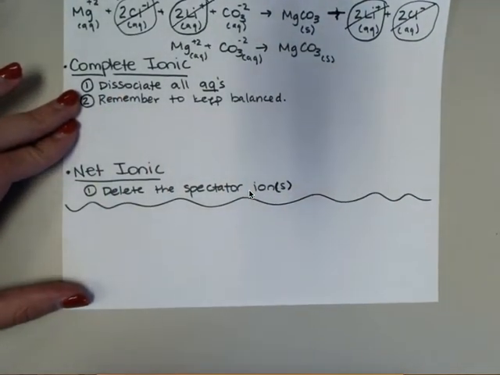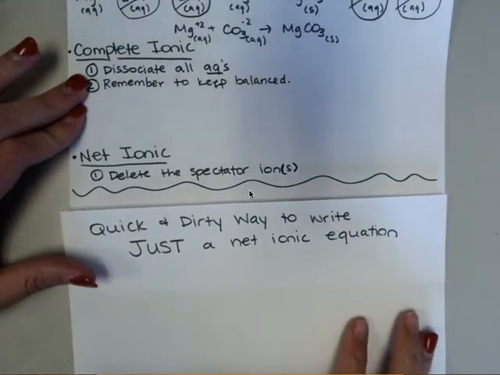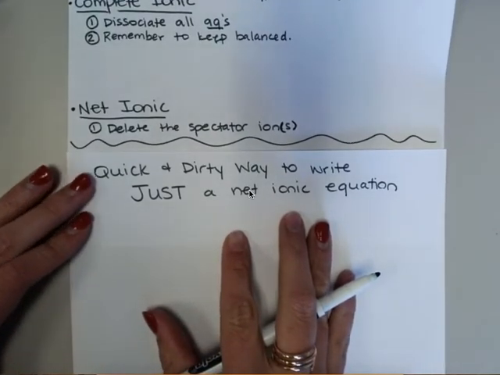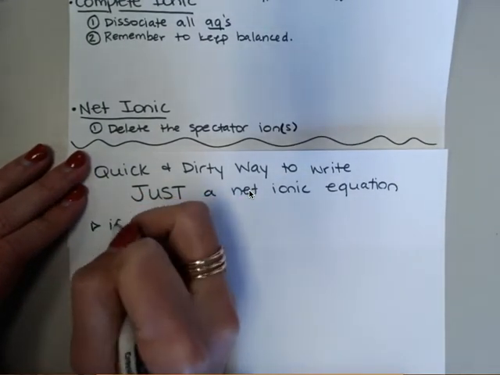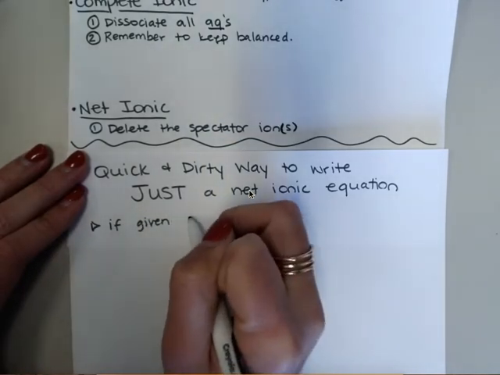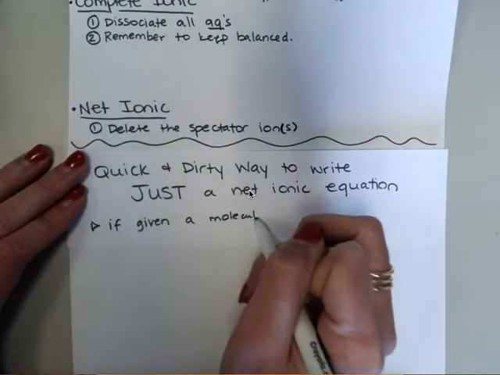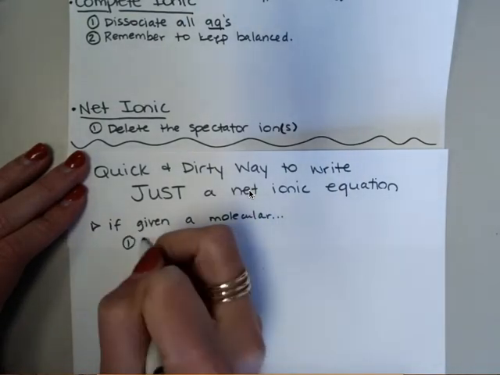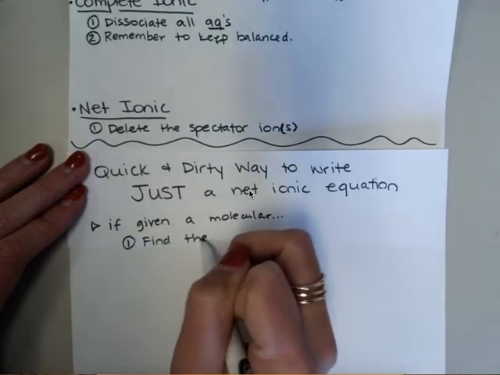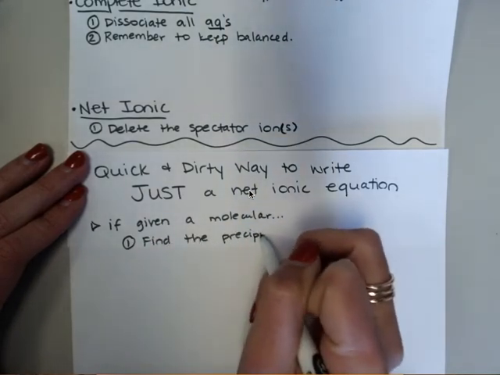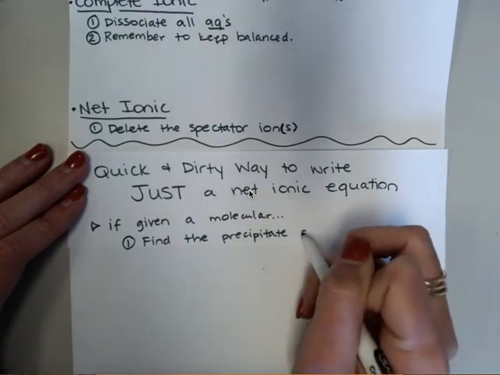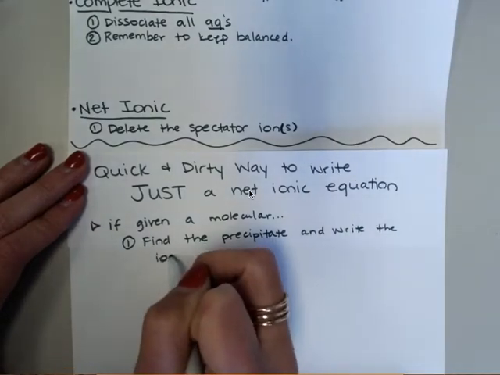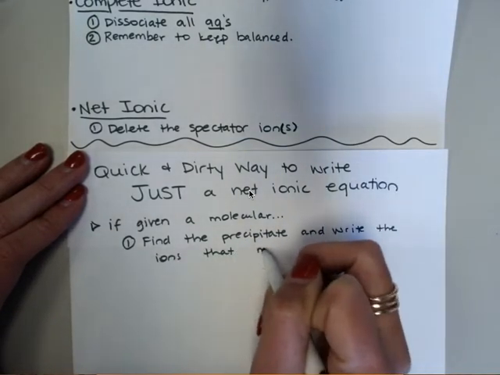A quick way to write just a net ionic equation when given a molecular equation: all you have to do is find the precipitate and write the ions that made it.